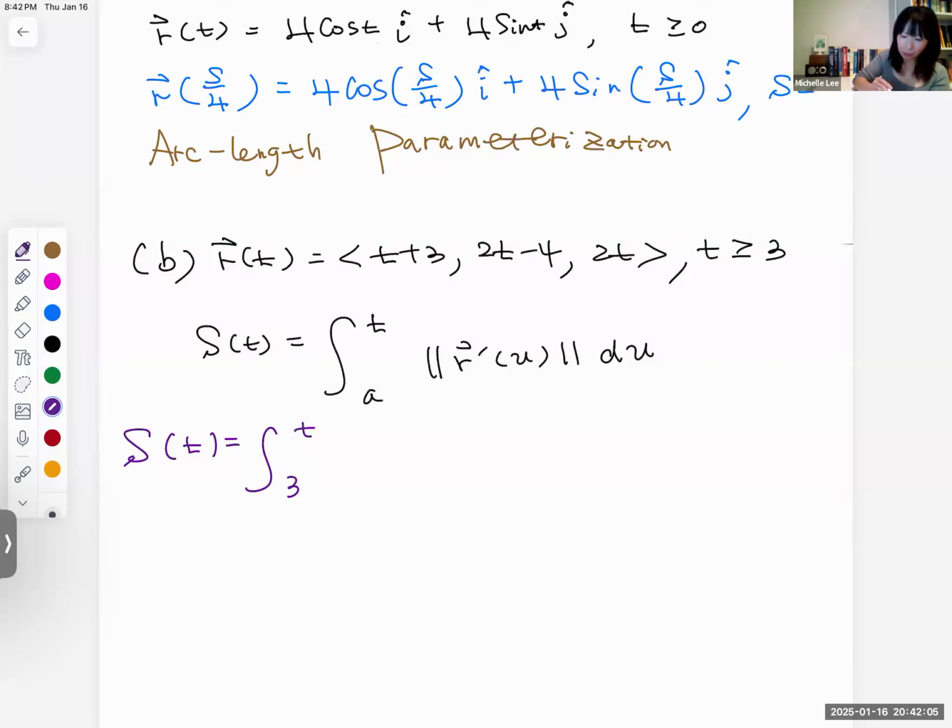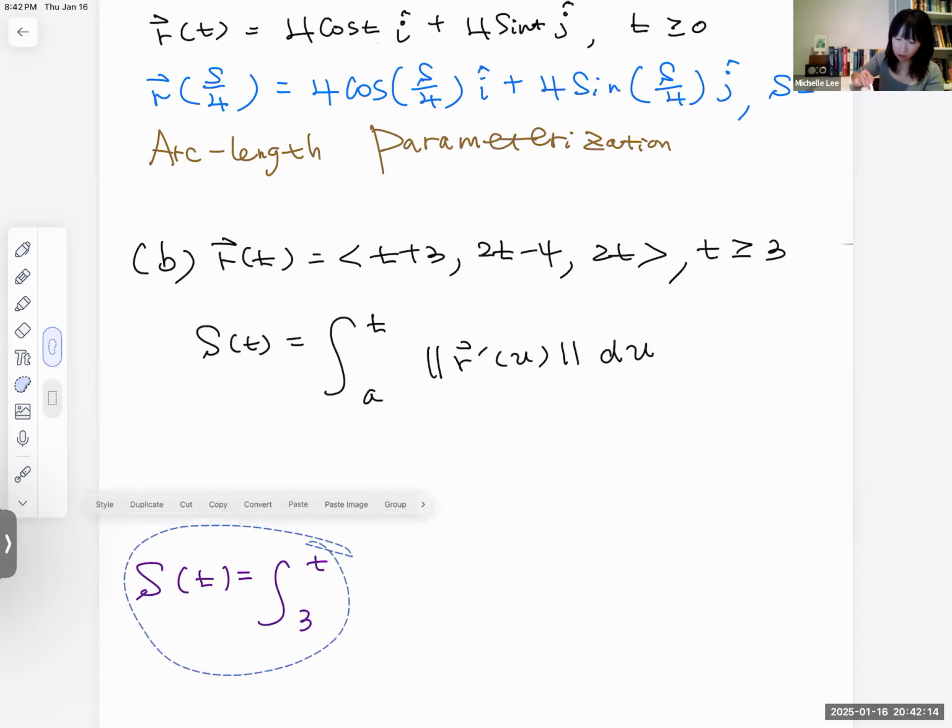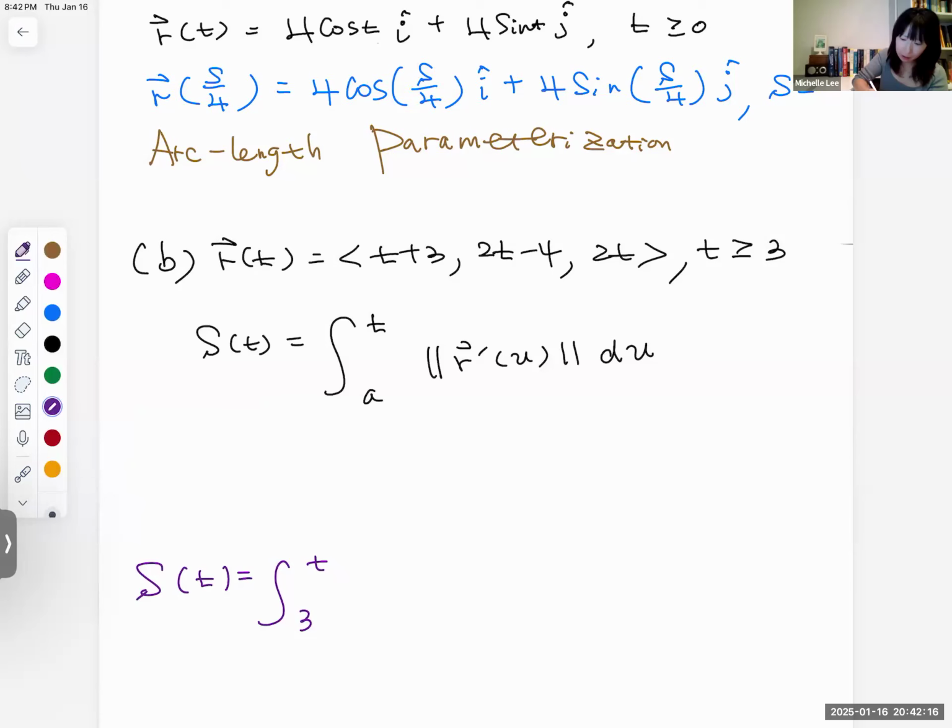Let's make this one first. So let's say that f of u, this is f, g, h, right?